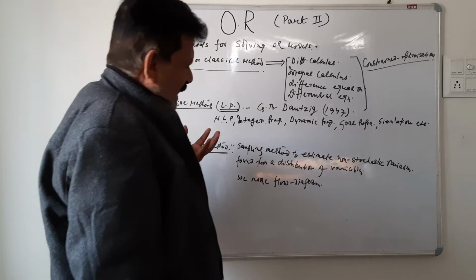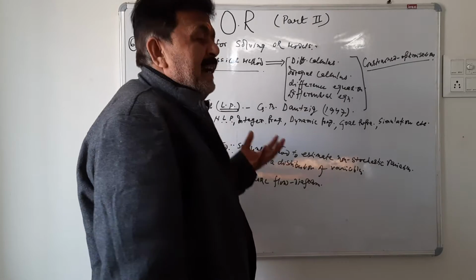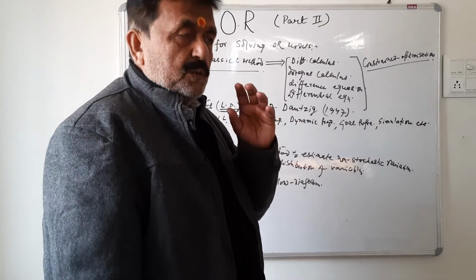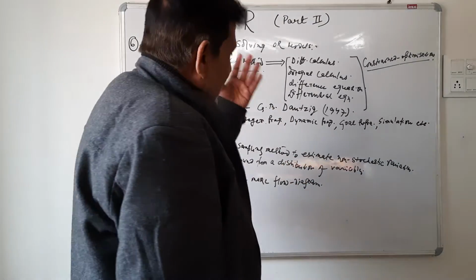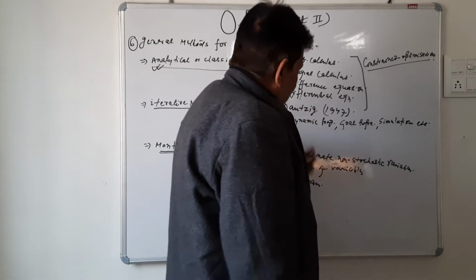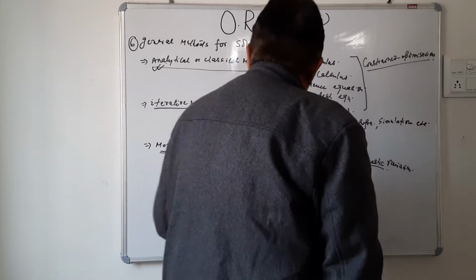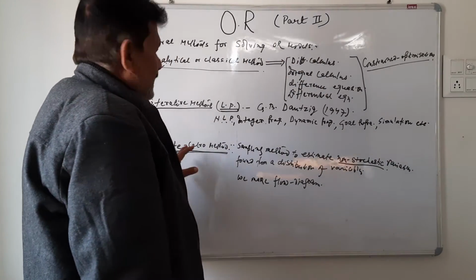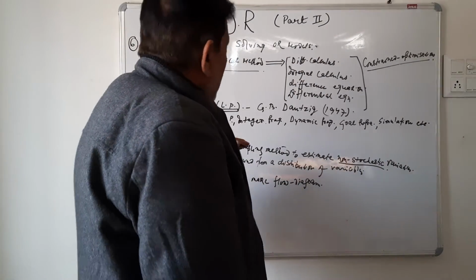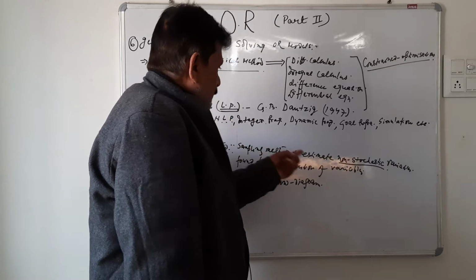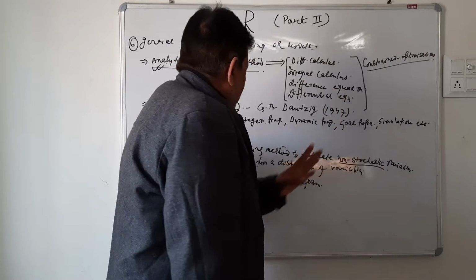In this method, we estimate the value of non-stochastic variables, which I will explain in the LP class. Monte Carlo method is adopted as a sampling method to estimate the non-stochastic variables.